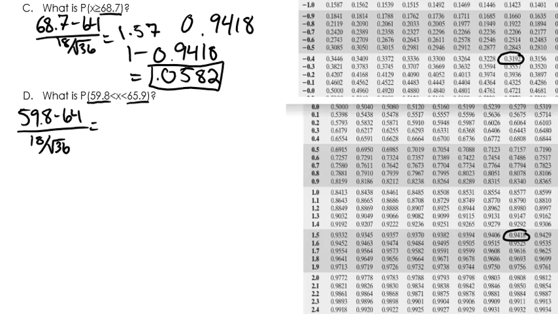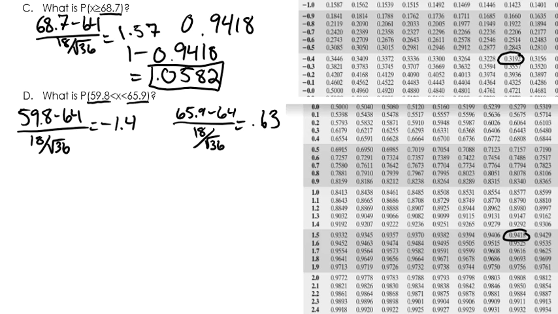We're going to have a z-score of negative 1.4. Now the next one. And we're going to have a z-score of 0.63.